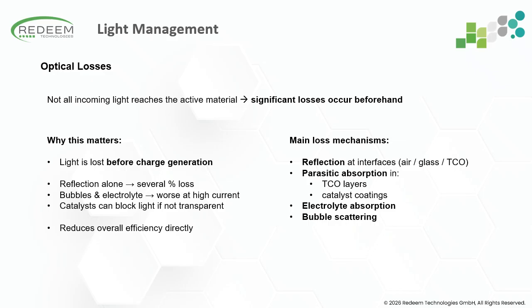And finally, scattering by hydrogen or oxygen bubbles, which increasingly becomes a problem as the reaction rate increases. So the key message is that the reactor design should deliver as many photons as possible to the active semiconductor while minimizing every unnecessary optical loss along the way.